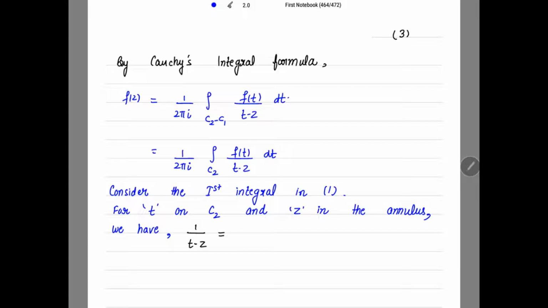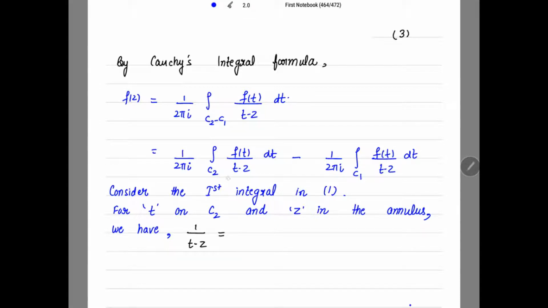Now in this first integral, t is a point on C2, minus 1 over 2 pi i integral over C1 f of t over t minus z dt. Now in the second integral, t is the point on the circle C1, on the boundary C1.